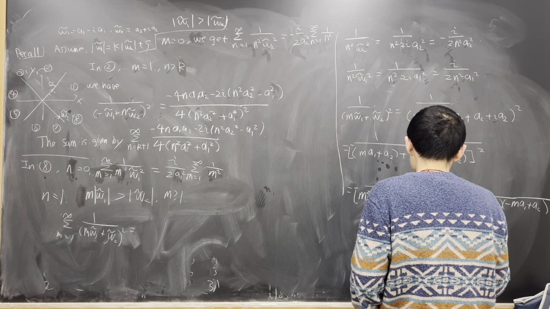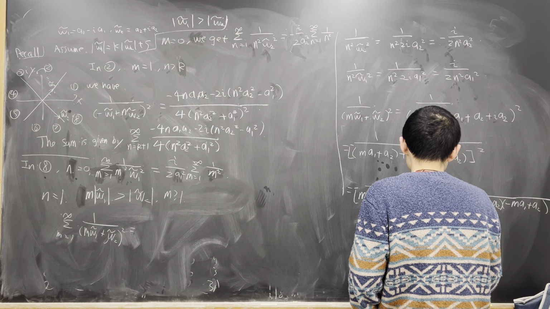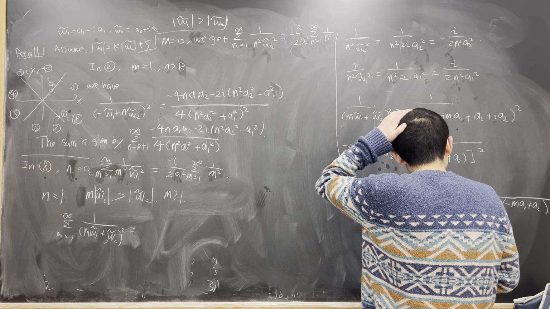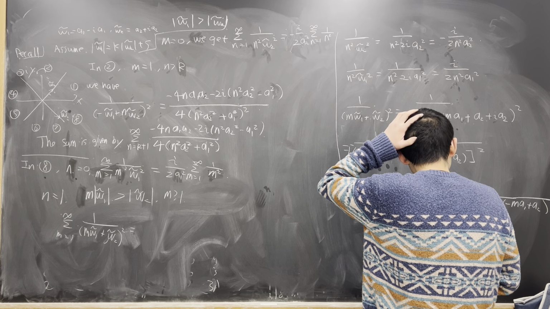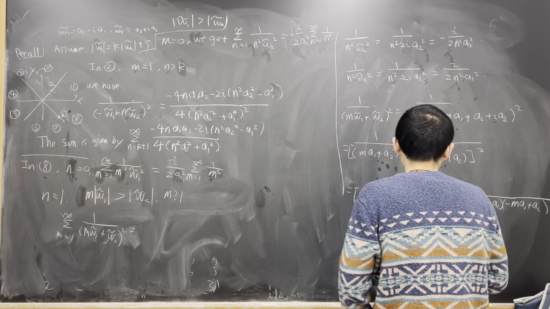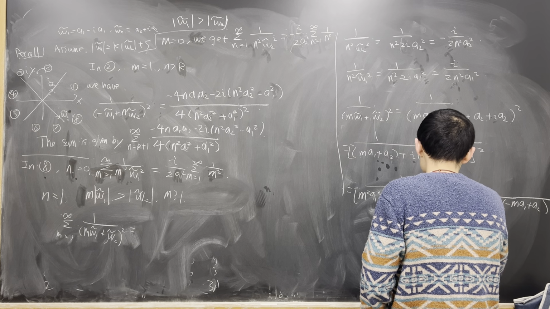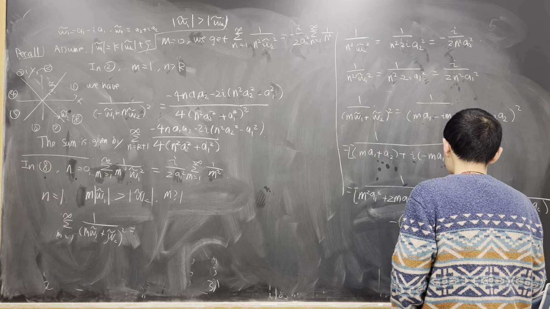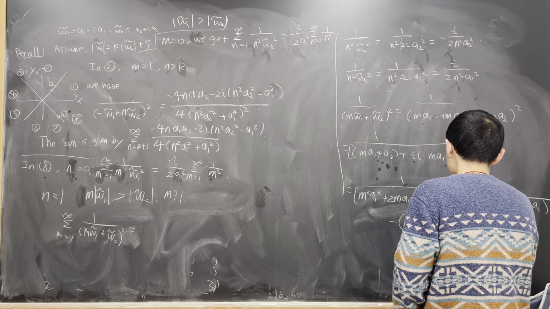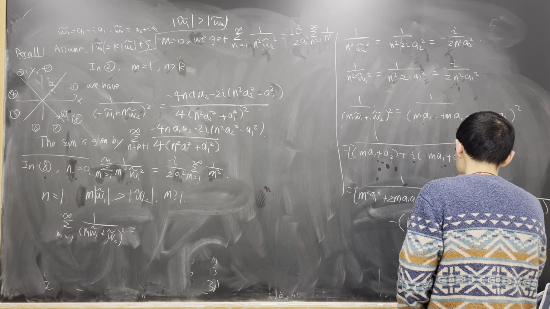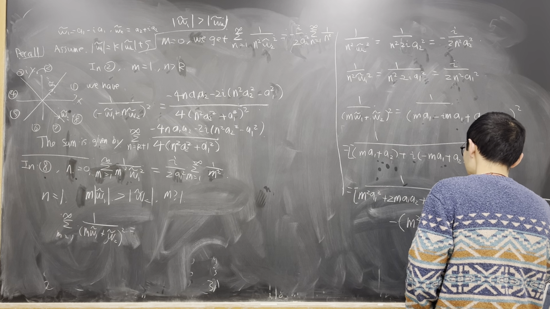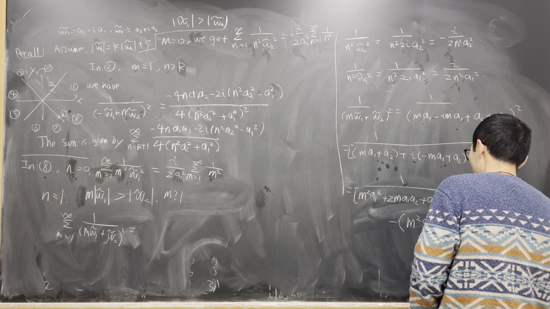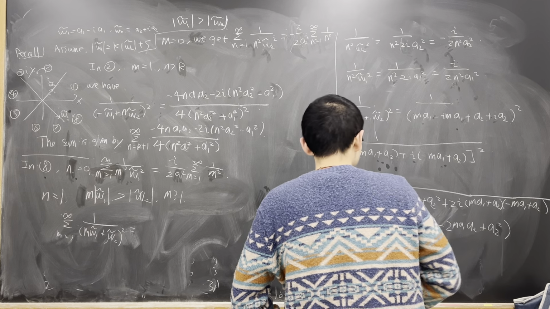So what is this one squared? m squared a1 squared minus 2m a1 a2 plus a2 squared. Okay. All right.